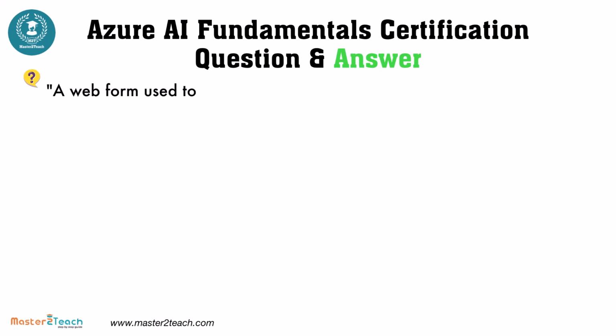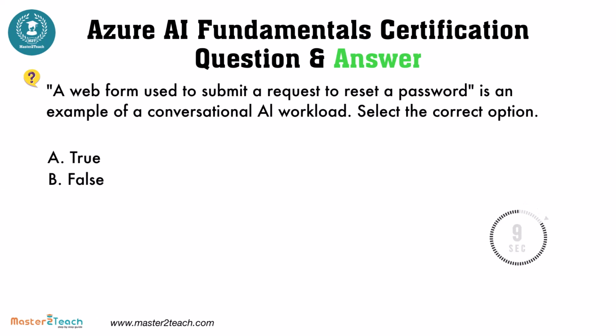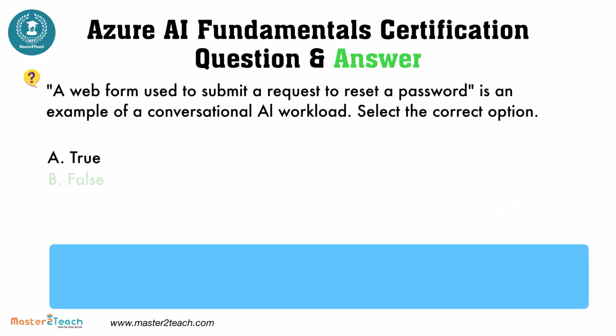A web form used to submit a request to reset a password is an example of a conversational AI workload. Select the correct option. True or false? The correct option is false.